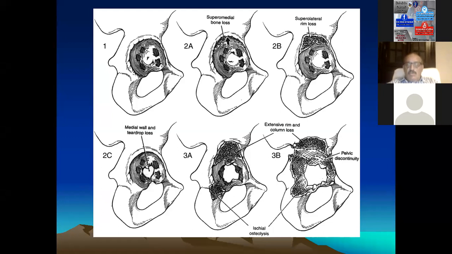If you concentrate on this classification, you find that it is usually made to be able to insert a cementless cup. It is a classification from the North American society, and the main idea was how to use a cementless cup in these bone deficiencies.